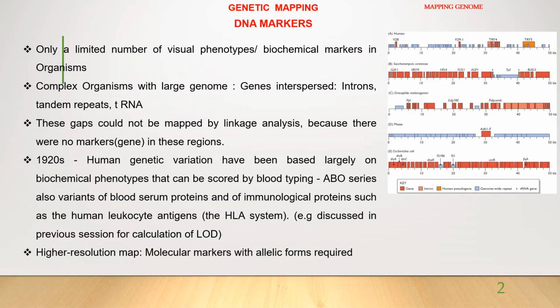The second main disadvantage of classical markers is that not all genes show heterozygosity or allelic forms. In such cases also, DNA markers can be used.